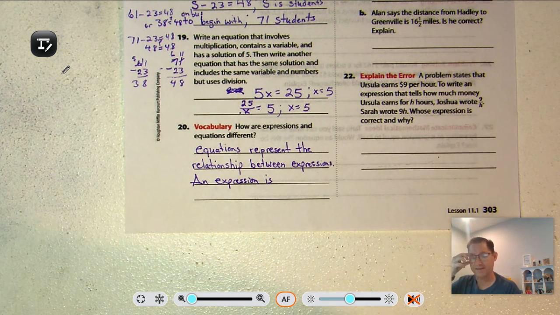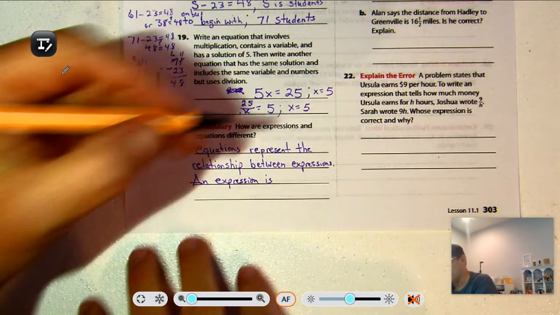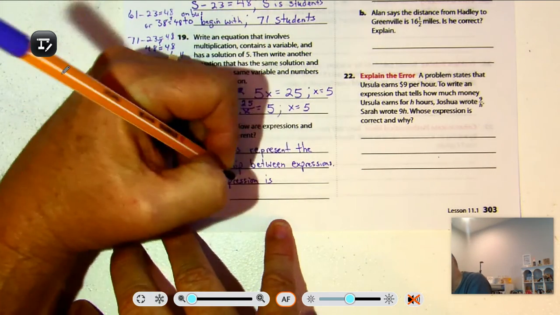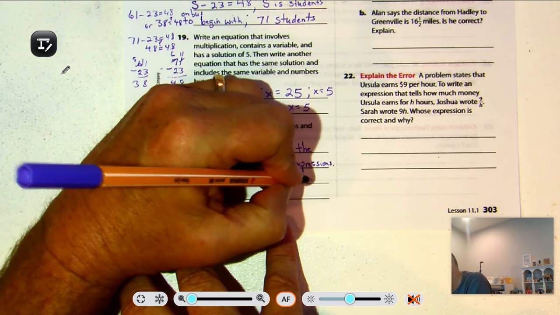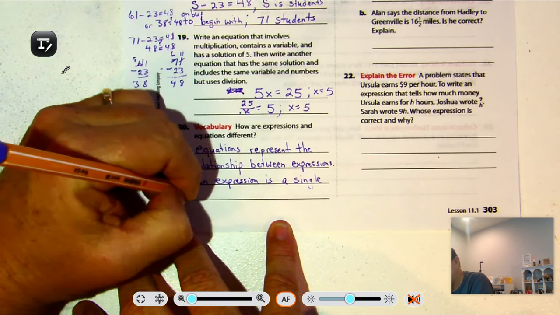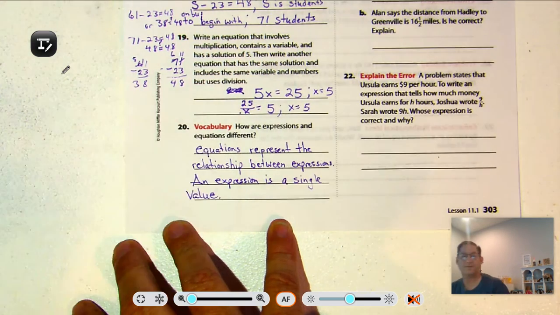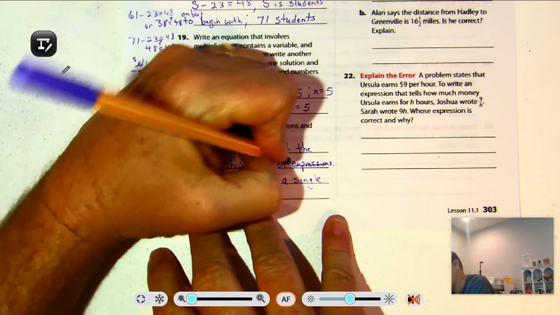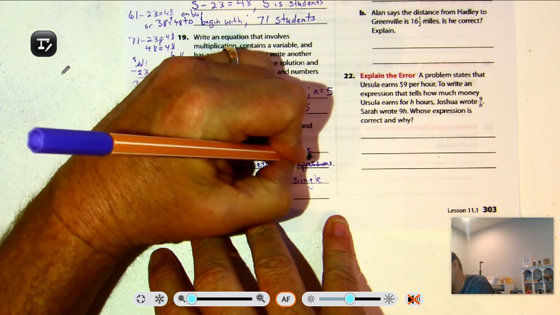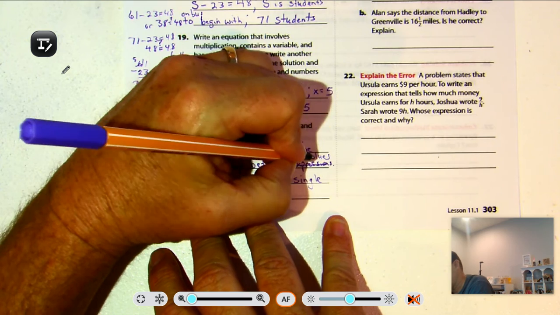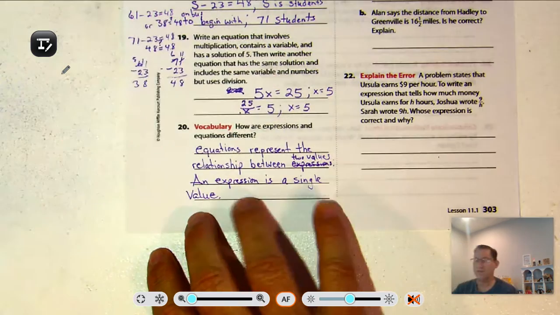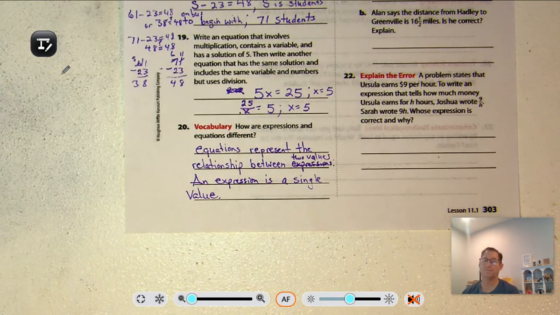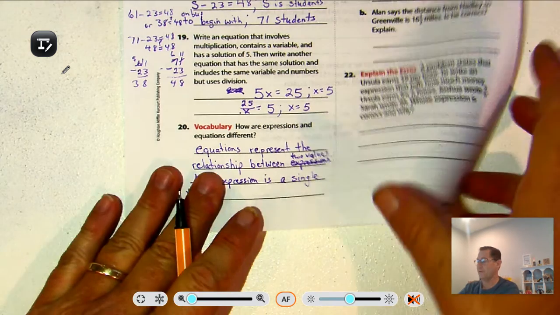And we said an expression represents a single value. Okay. So equations represent the relationship between two values. I'm going to write two values. And an expression is a single value. Okay. All right, 21.